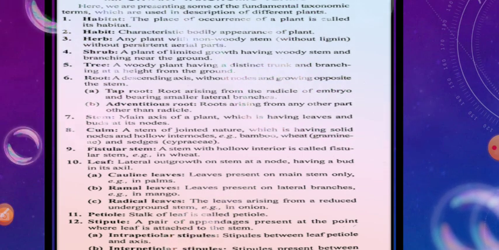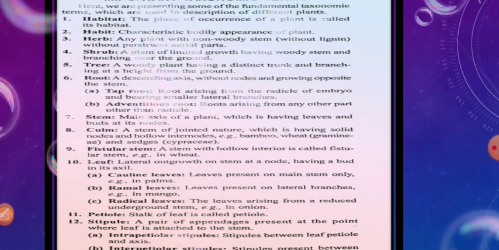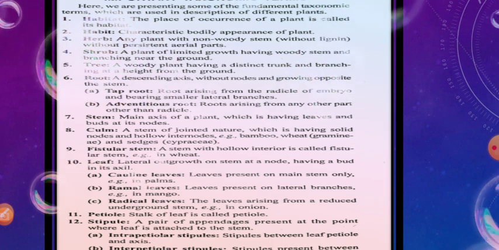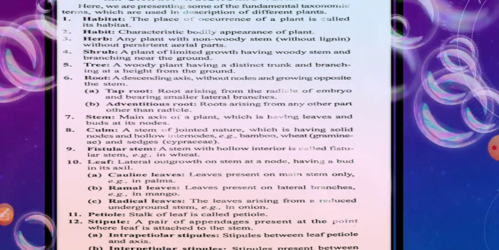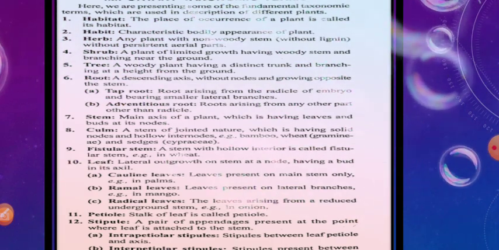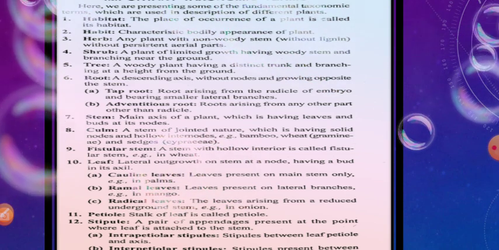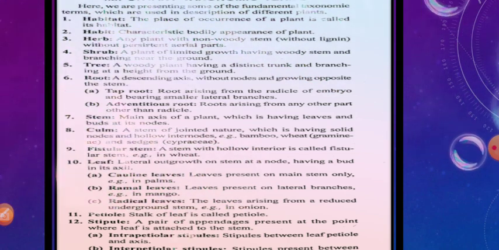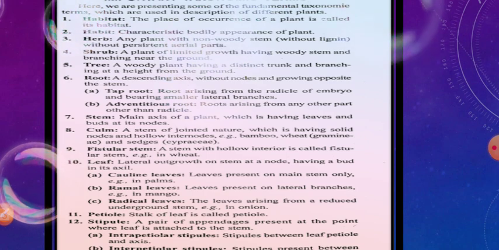Habitat means the place of occurrence of a plant. It means its dwelling place or home. Habit means the characteristic bodily appearance of the plant.